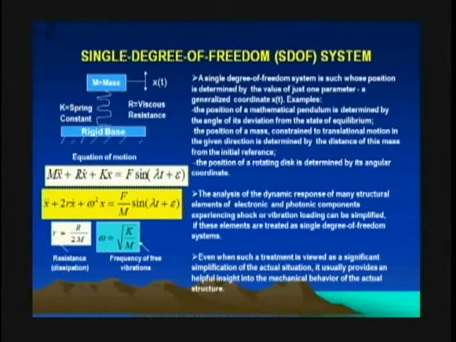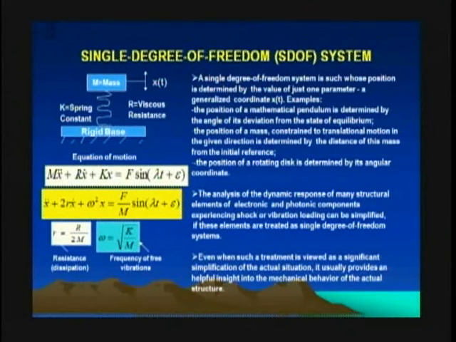The second term is what I've just spoken about, a viscous damping, which is proportional to the velocity of vibrations, and R is the resistance, dissipation.